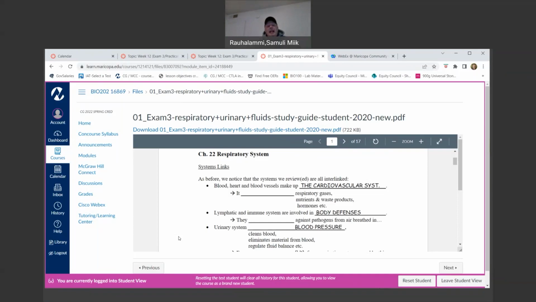Just in the name of being transparent, a quick reminder that I do not share the completed study guide with all the answers to the gaps anywhere else. It's only covered during these review sessions, whether it's in person or online, but I will not be posting the completed study guide. The only place where you really get it is by showing up, simply because so much of the exam relies on the study guide. Otherwise, it really wouldn't leave you much to do.